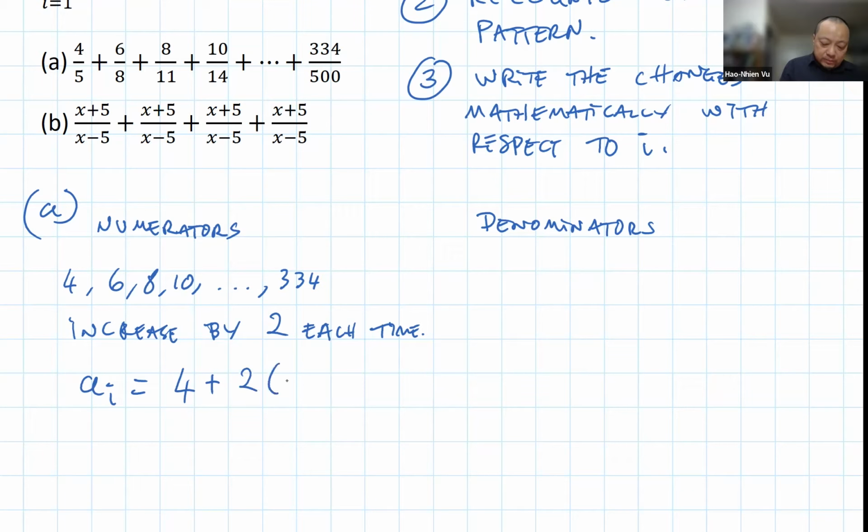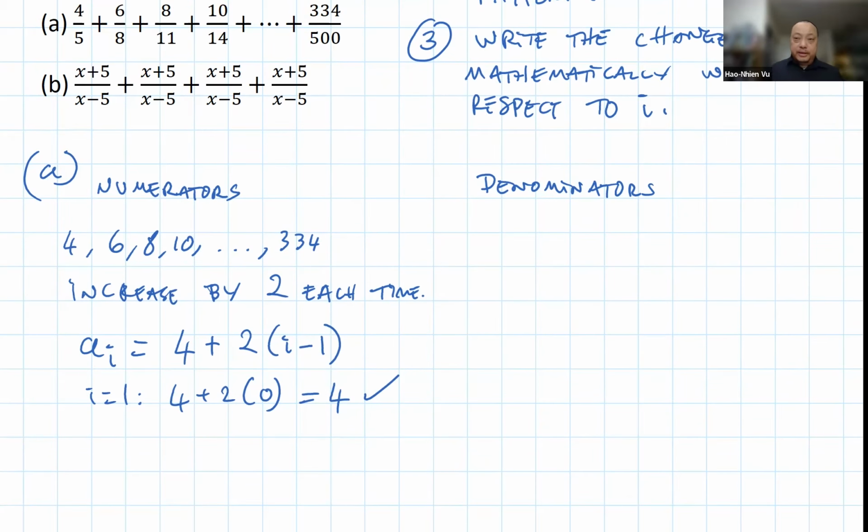So it's 2 times I minus 1. And you can verify that. If you plug in I equals 1, then you get 4 plus 2 times 0, which is 4. So that's correct. And then I equals 2 is 6. So it's all good. And that is if you can recognize an arithmetic sequence and write the terms of it.